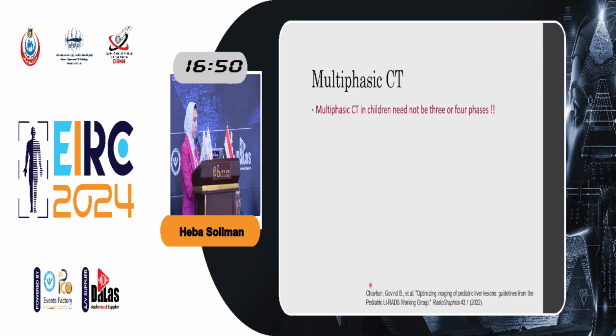This is the most important slide. The multiphasic CT in children does not need to be 3 or 4 phases like in the adult. We omit the non-contrast phase, and it is usually 2 phases: a late arterial phase performed only on the liver, and a portal venous phase covering the entire abdomen and the pelvis.